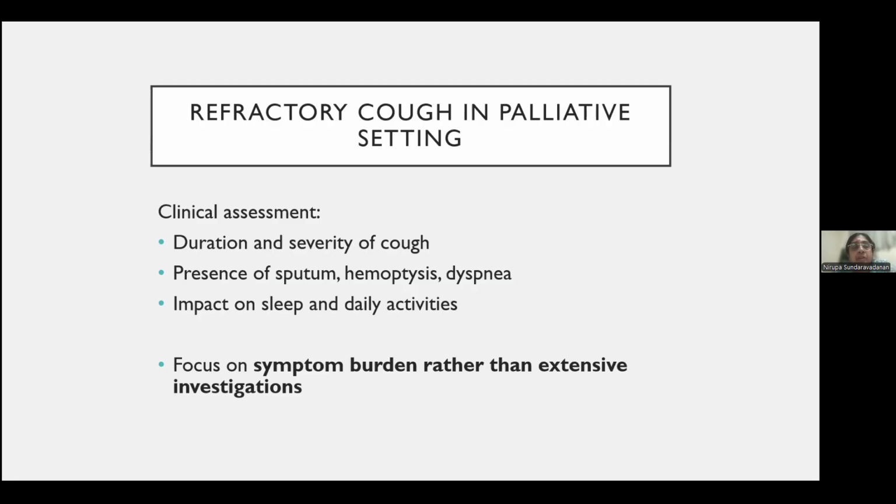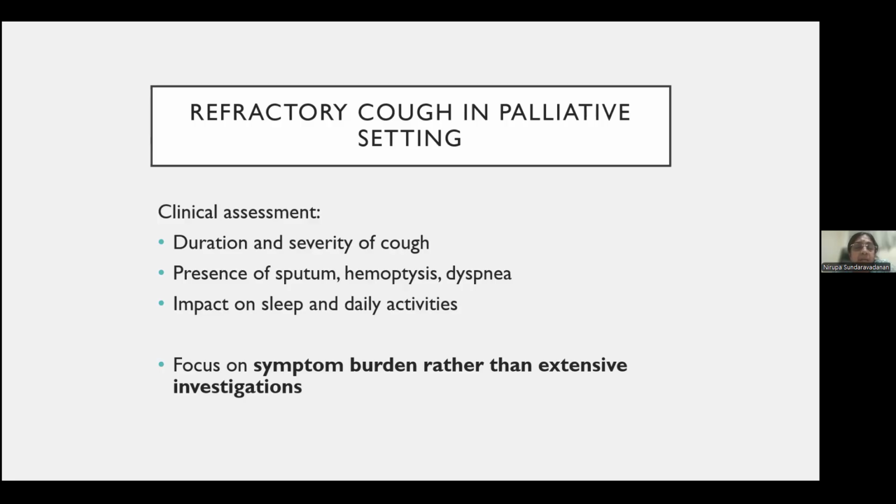So again, what we need to do for this cough is to assess the severity, assess the duration, check the sputum, check if there's hemoptysis, how bad is the dyspnea which accompanies the cough, and then try to gauge how this cough is affecting his sleep, how it is affecting his day-to-day activities.